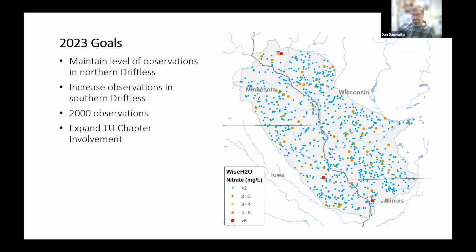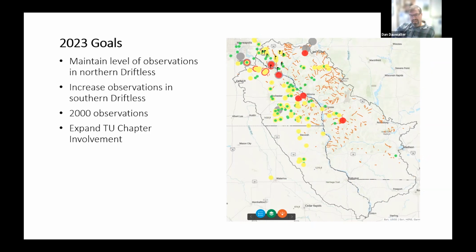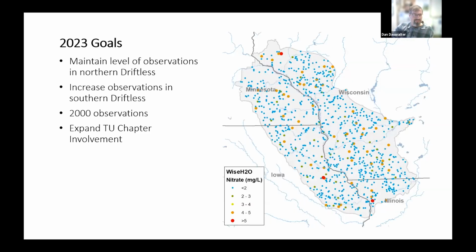With the idea of going from a landscape with some data gaps to one that's filled out with observations. Maybe not totally by 23, but maybe by the end of 24, 25.